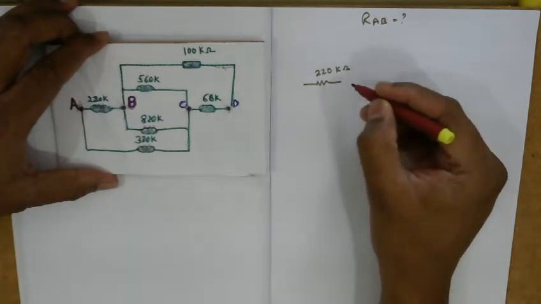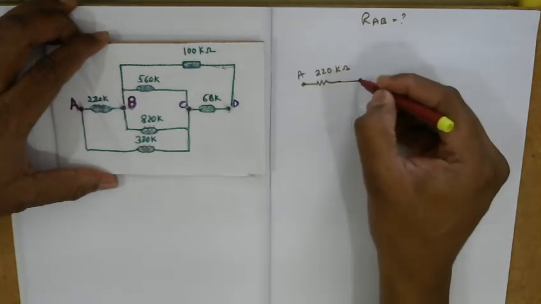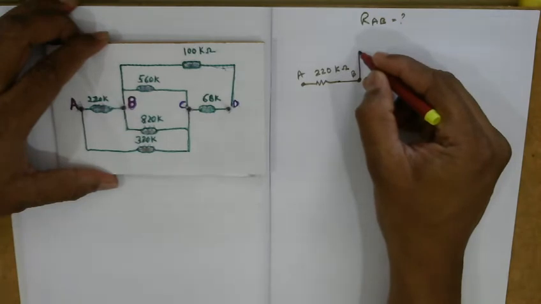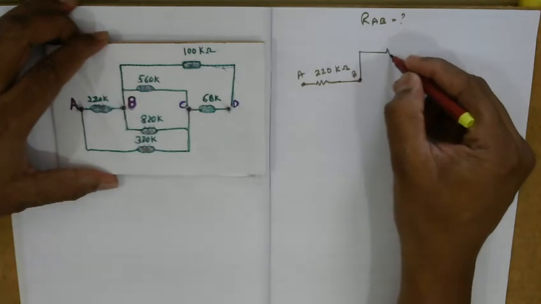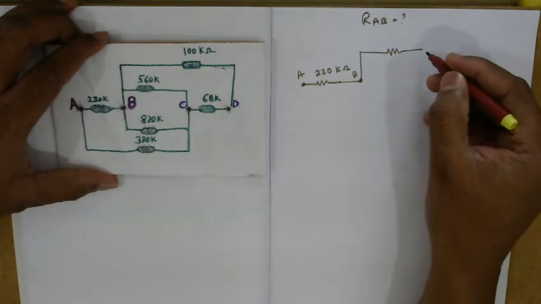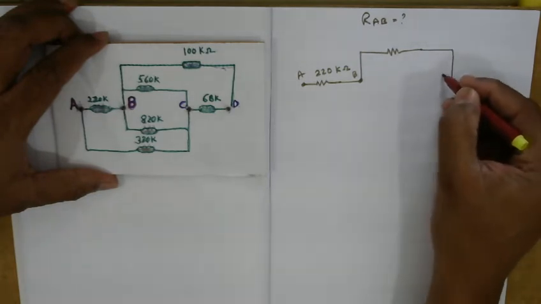And the objective is to find RAB, which means successively, step by step, I would like to eliminate the other resistances. Here, eliminate in the sense I have to simplify it. Okay. So here I'll begin by drawing the exact circuit.